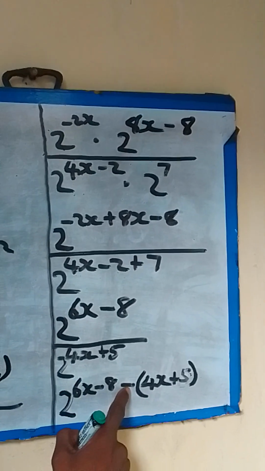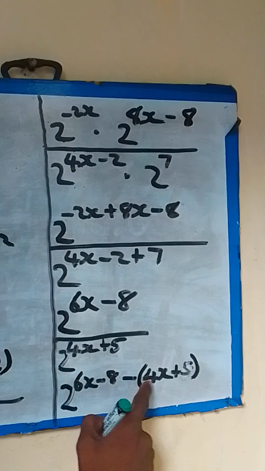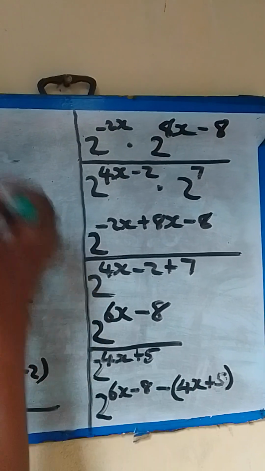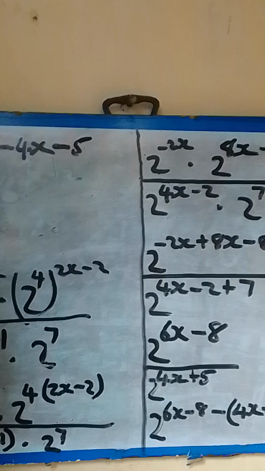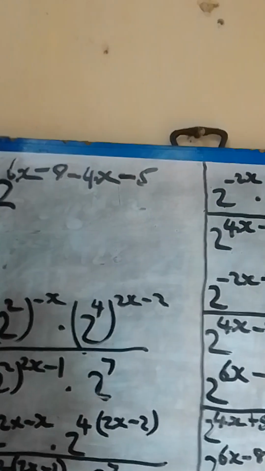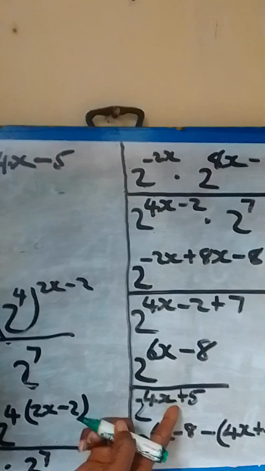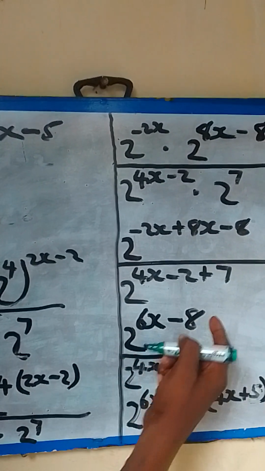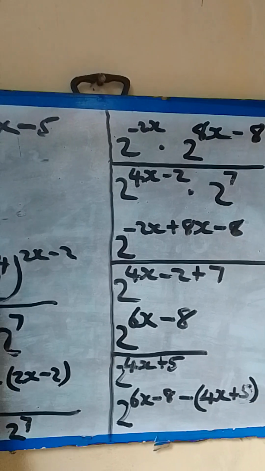It will now become minus 1 times 4x. Minus times 4x is minus 4x. Minus times plus 5 is minus 5. You see what we have gotten? We have cleared this place now. So when the denominator power is raised up, they will all change to minus. You subtract them from the numerator powers here. So you are going to have this.